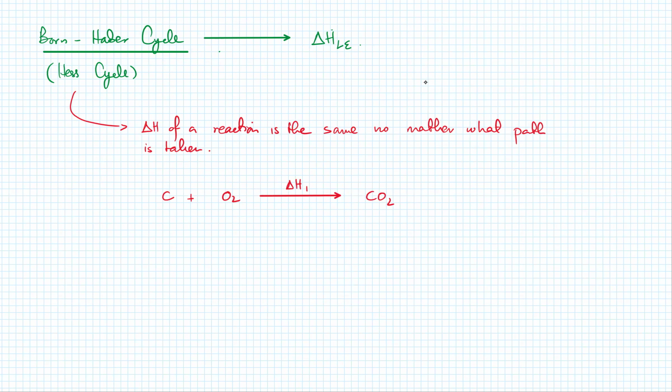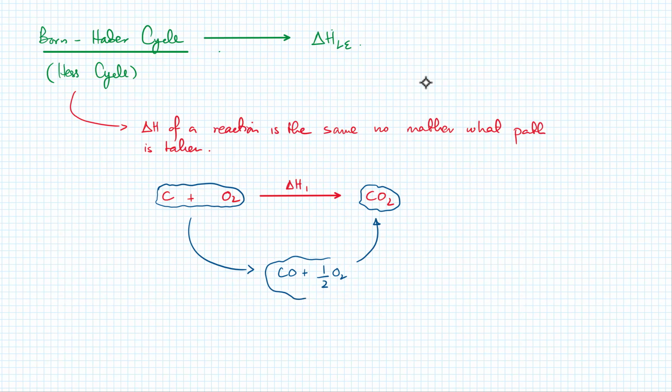Your starting point is this one, and you want to reach the other side, which is carbon dioxide. The alternate path is that you first make carbon monoxide, and then you react it with half O2, and you'll end up with carbon dioxide.